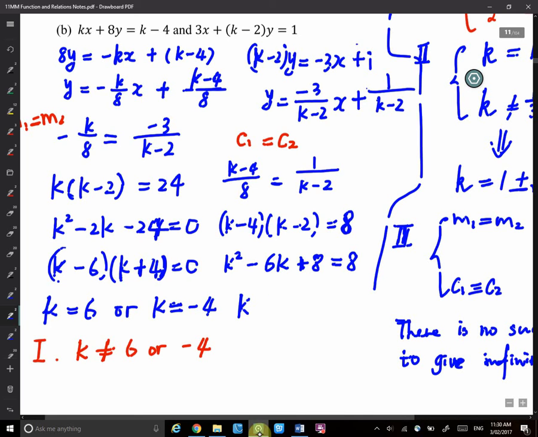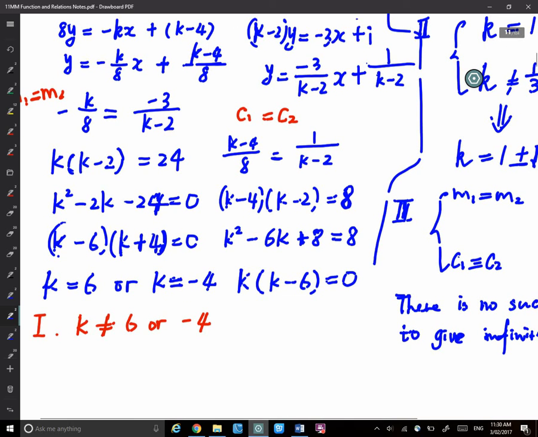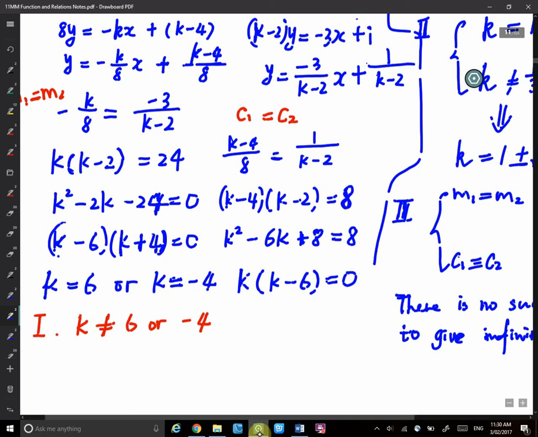So I can factorize as k times (k minus 6) equals 0. So I will have k equals 0 or k equals 6.